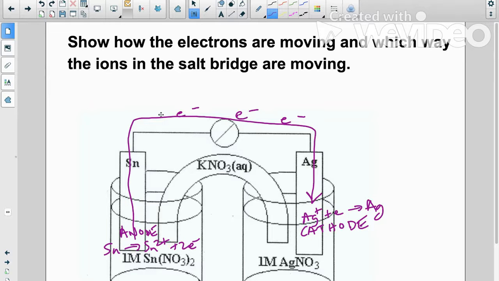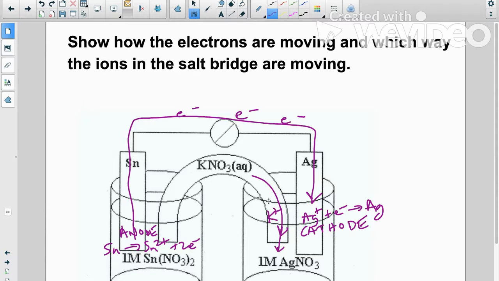Which way are the ions in the salt bridge moving? On this side, we are adding electrons in. This cell is becoming more negative as we add electrons. In order to maintain charge neutrality, to balance out the charge, we need to have positive ions migrate in here to make the charge neutral again.